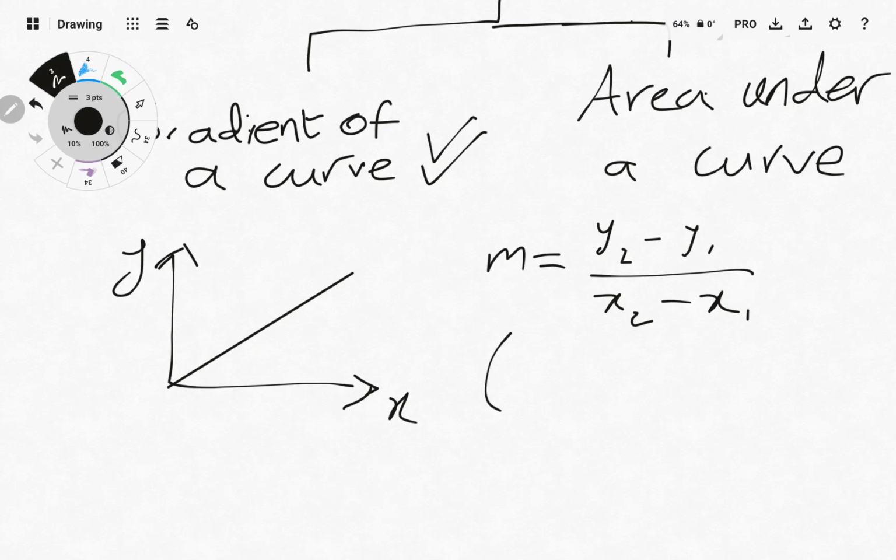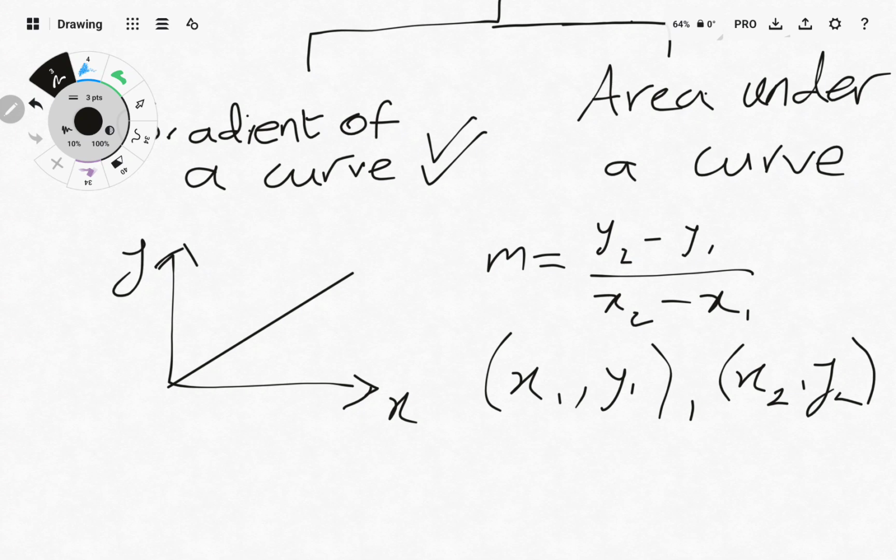Where basically x1 comma y1 and x2 comma y2 are two points on this line. I'll just call this P1 and I'll call this P2, okay?